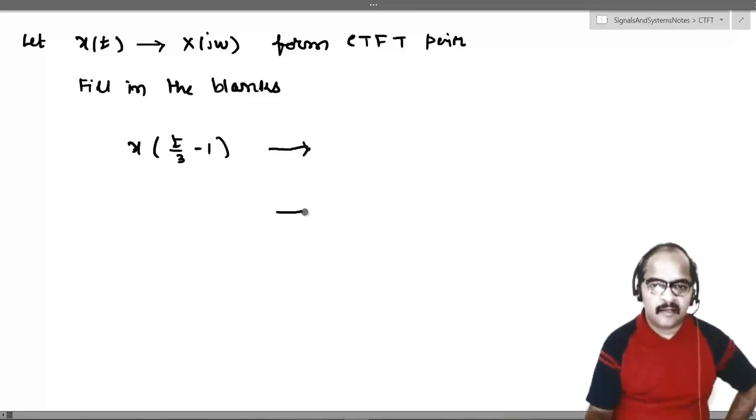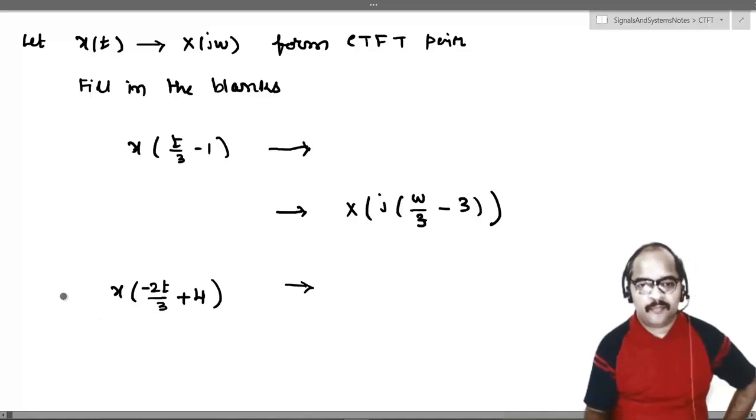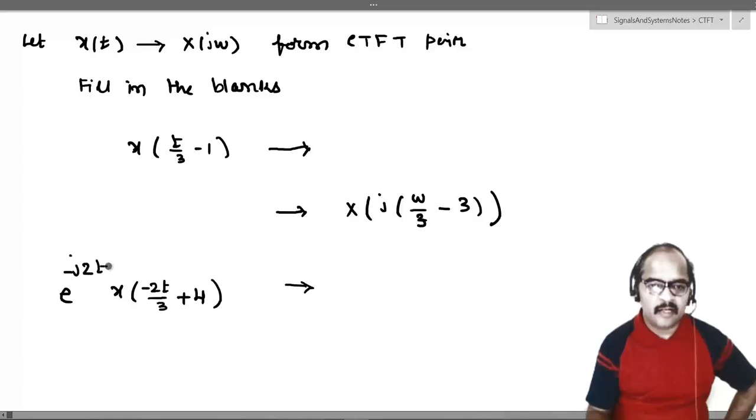Next, x of j omega by 2 plus 3, or I'll say j omega by 3 minus 3. Next, x of minus 2t by 3 plus 4 multiplied with e power minus j 2t.